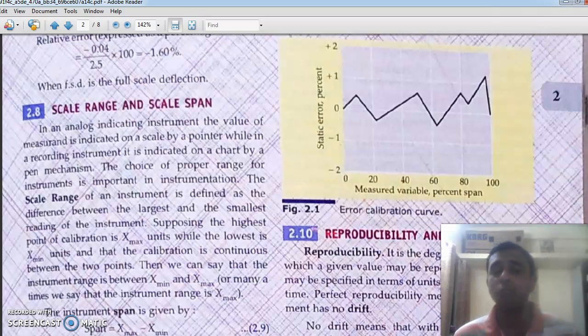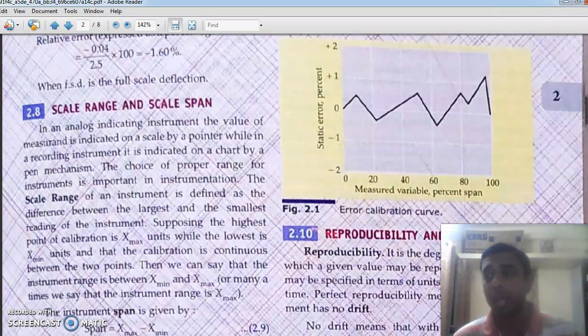It can be an ammeter, voltmeter, or an ohmmeter, anything. So that indicating meter is compared with a standard, with a working standard. While you compare, you actually end up finding many relative errors or static errors. Usually that is specified as relative error. So that error, really percentage error specified against the measured value or the true value, will give the calibration curve.